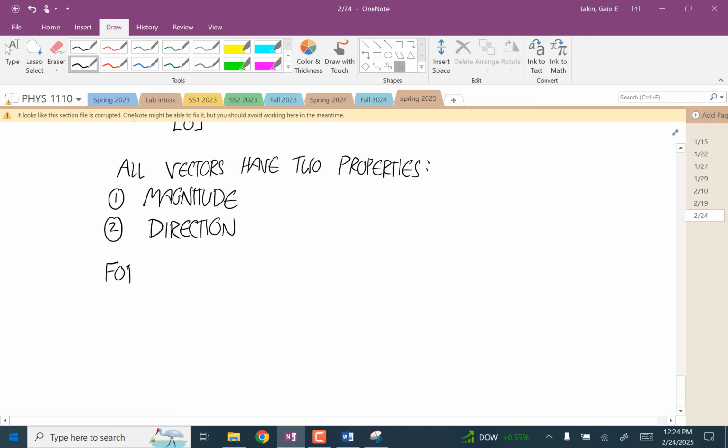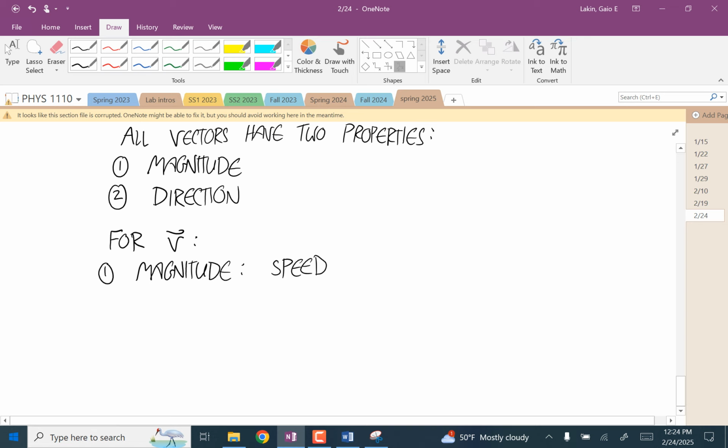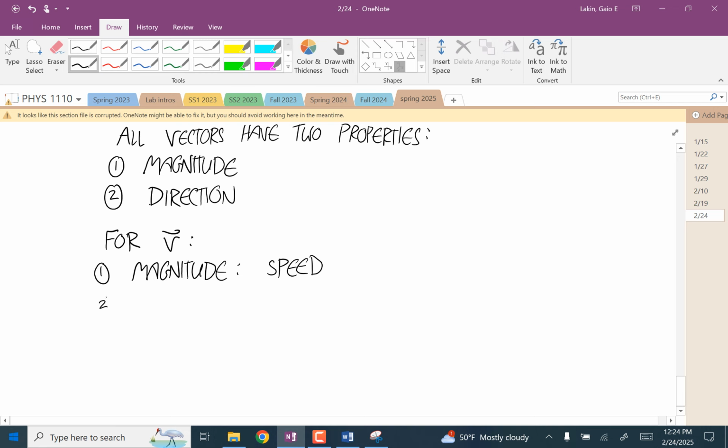So for the velocity vector, the magnitude is the object's speed at an instant. And the direction is the direction the object is moving at that instant.